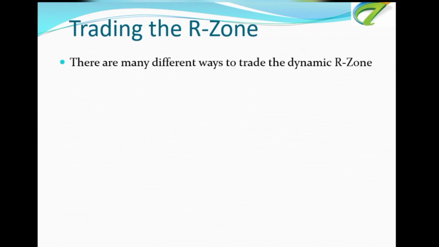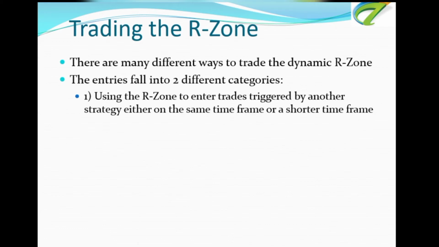There are many different ways to trade the dynamic R zone. The entries fall into two different categories. Number one, using the R zone to enter trades triggered by another strategy, either on the same time frame or a shorter time frame.